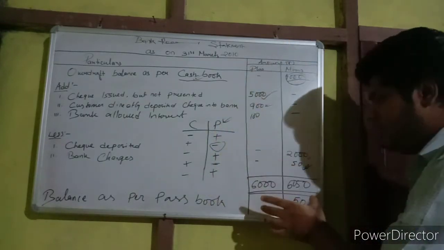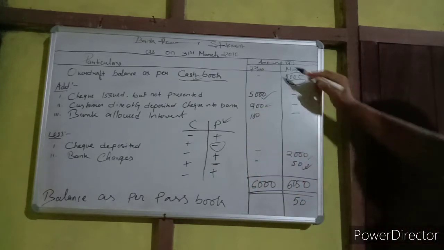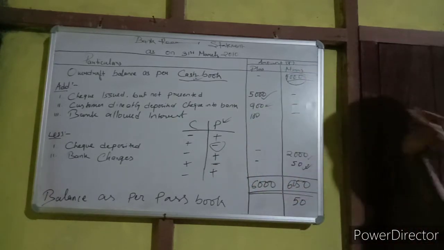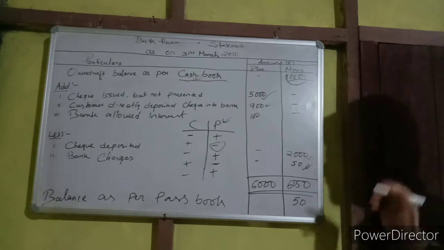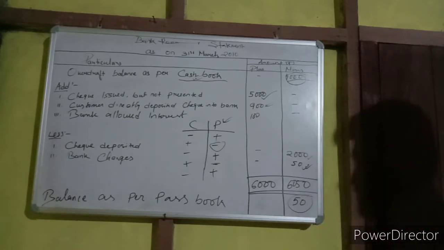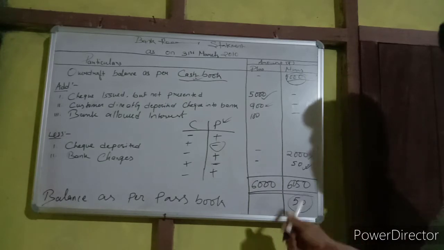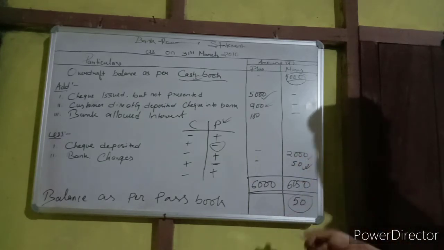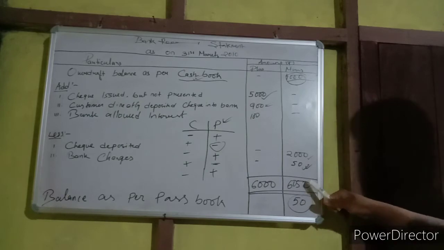Now you have to do the sum of both sides. In the plus column we got 6,000, and in the minus column we got 6,050. So 50 is the balancing amount. We write the balancing amount below the column which has the highest value.